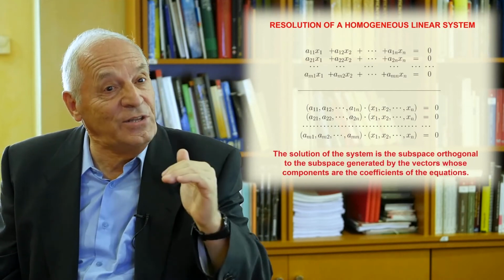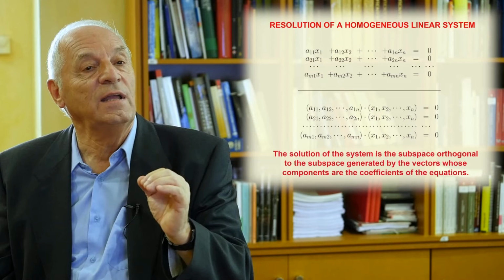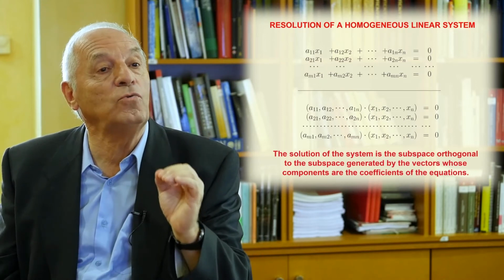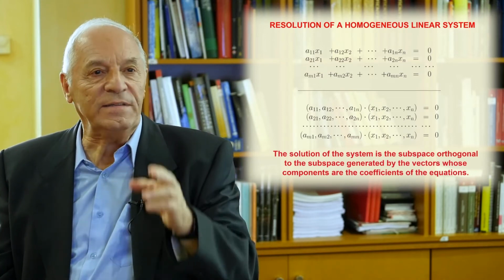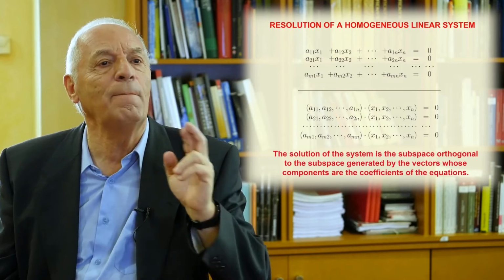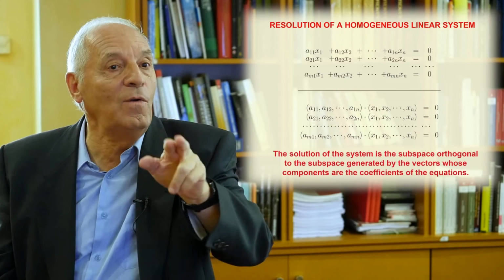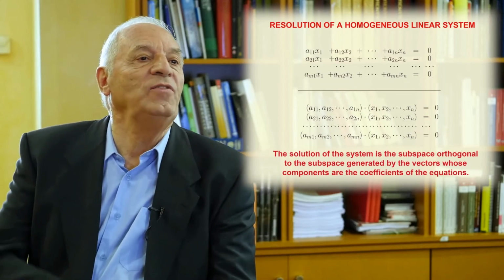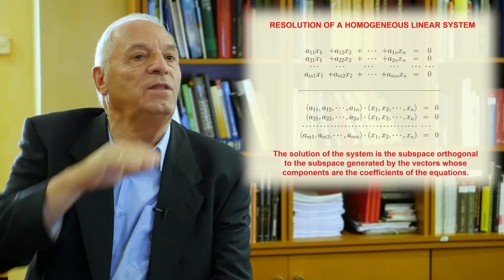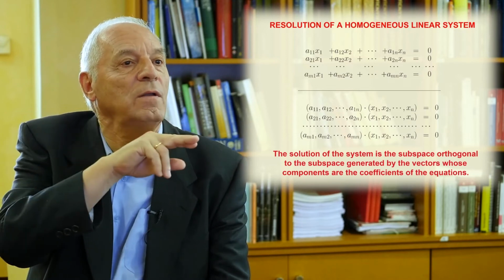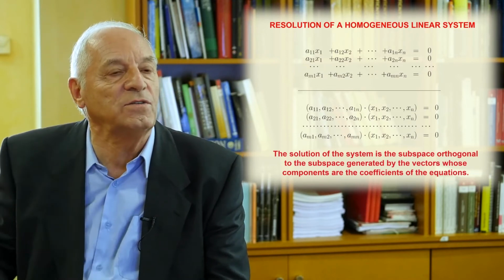But this form is telling us how to solve the problem. This form is telling us that the vector of unknowns, x1, x2, xn, is perpendicular to the vectors corresponding to the coefficients of the equations.